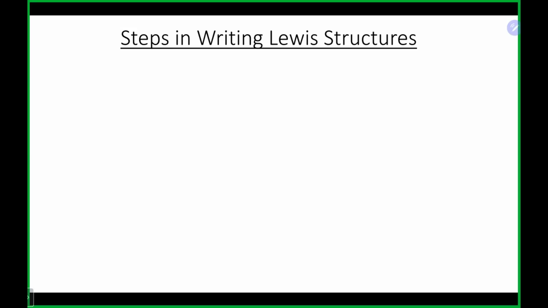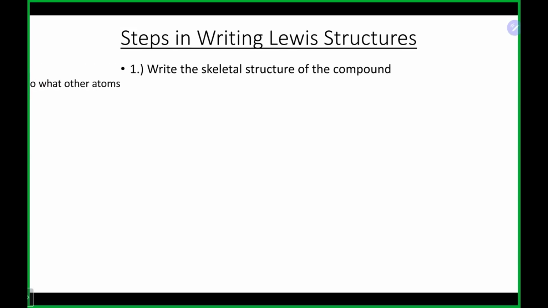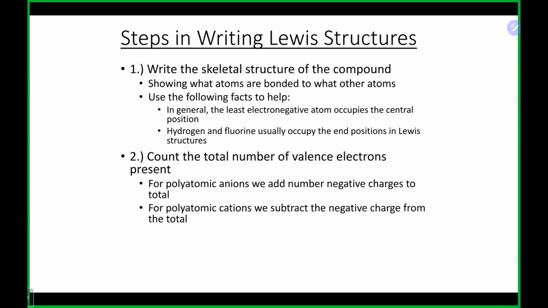Here we're going to talk about the steps for drawing Lewis structures for covalent compounds where they're sharing electrons. If you follow these steps, it should lead you, in most cases, to a pretty good Lewis structure. Will it be the best one in 100% of the cases? No, but 99% of the time, you'll get a pretty good structure.